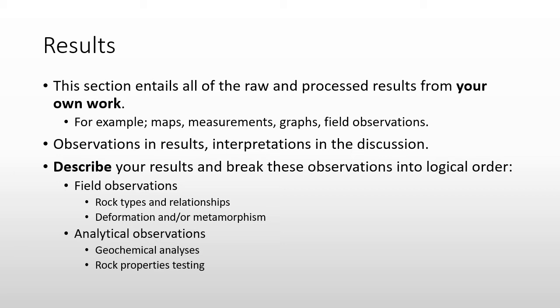So geochemical analyses or rock testing, anything like that. So all of your studies should have observations about what you actually saw in the field and then what you tested. So if you were doing soil sampling, you would describe how the soils looked in the field, and then you would describe their analytical properties from what you tested of them.